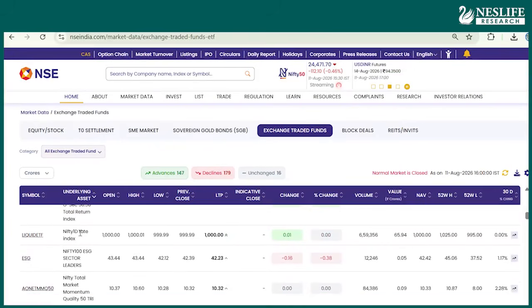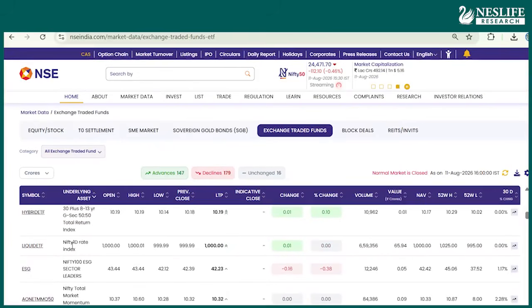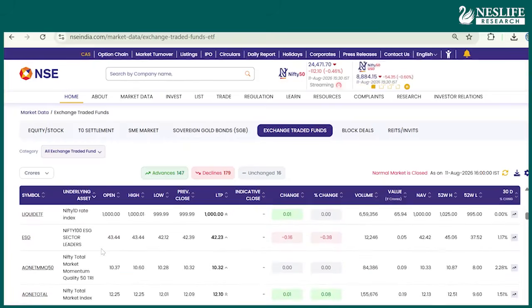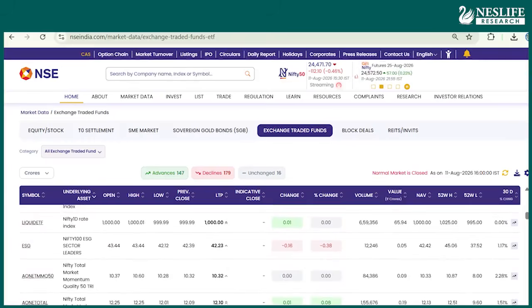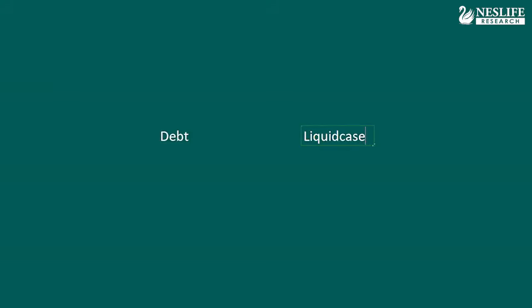But don't invest in this liquid ETF and liquid BeES, because taxation is complicated. Liquid case is a little more ideal or easier for you. Please don't consider these as investment recommendations. This is just an illustration. We don't give any investment advice. This is purely an education platform. How to sell a liquid fund? To sell and buy a liquid fund, you have to do it via the demat account, right?